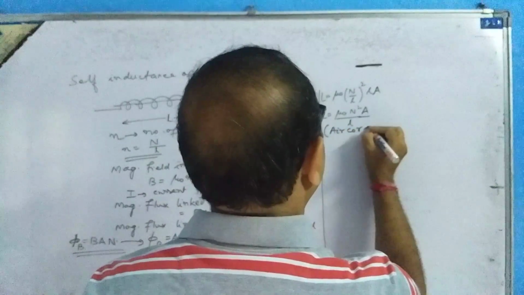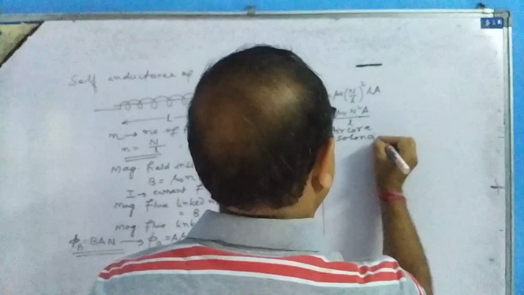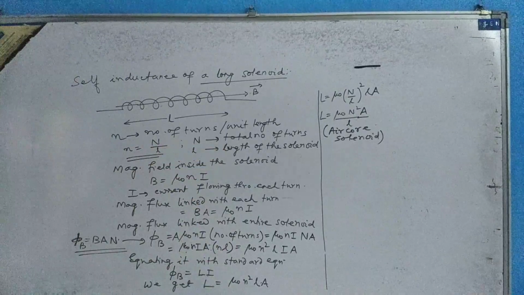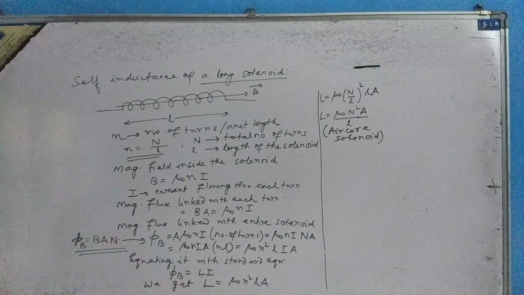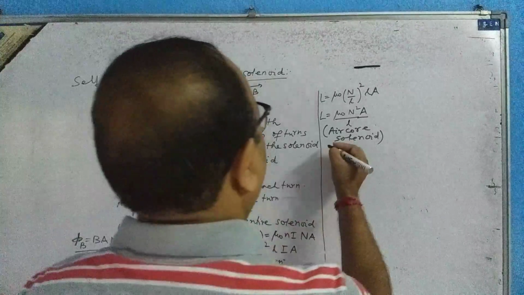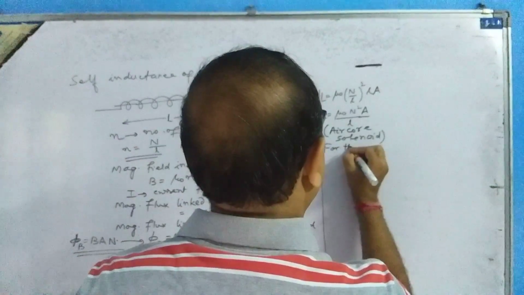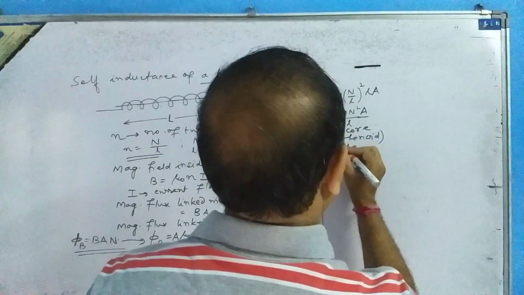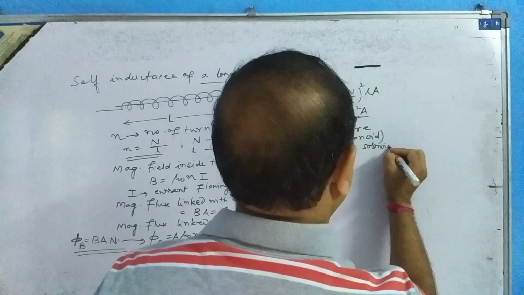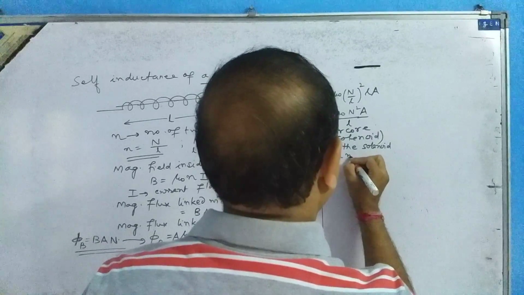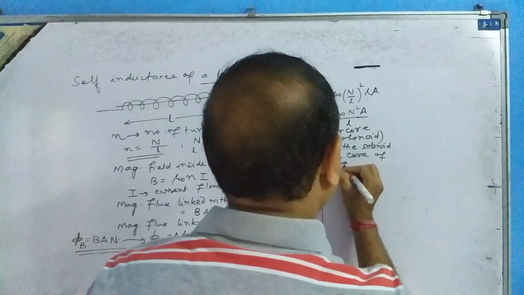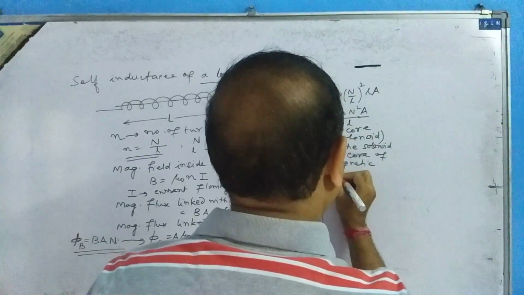This is if it is an air core solenoid. If this is an air core solenoid, right? And if there is a material inserted, normally what happens, a ferromagnetic material, iron bar, for a solenoid with core of magnetic material.